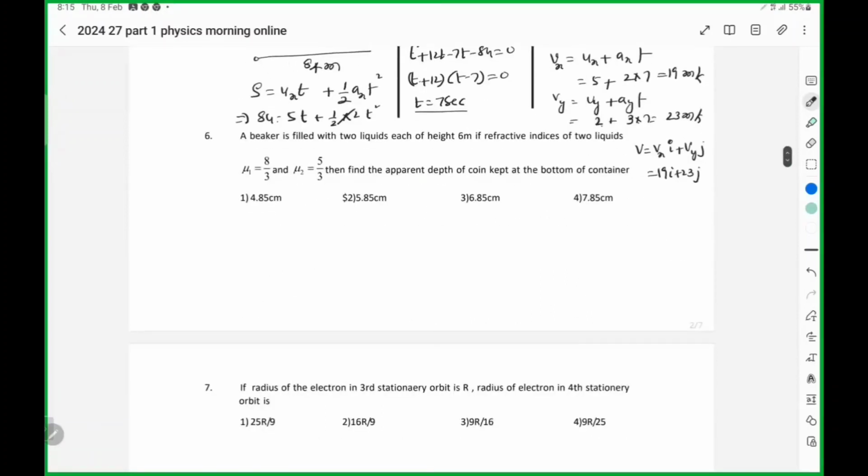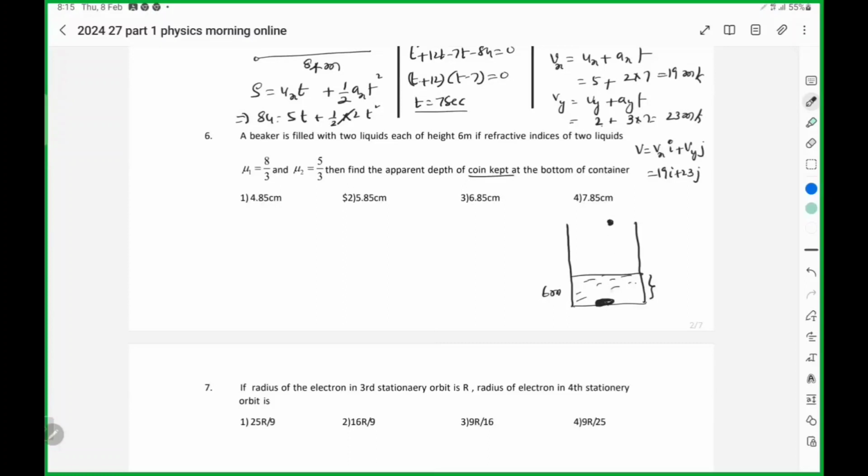Here a beaker is filled with 2 liquids, each of height 6 meters. A coin is kept at the bottom of the container. Suppose you consider one liquid of height 6 meters, and the coin is placed here. So the coin is in a denser medium and the observer is in a rarer medium.